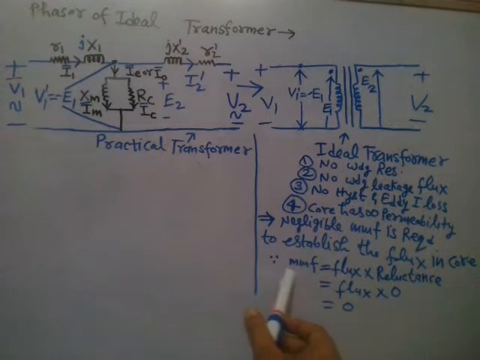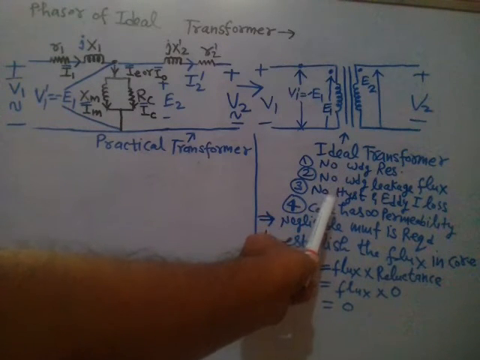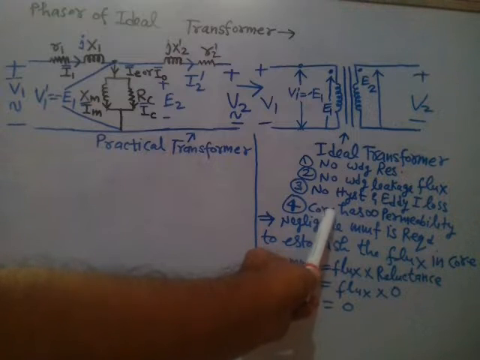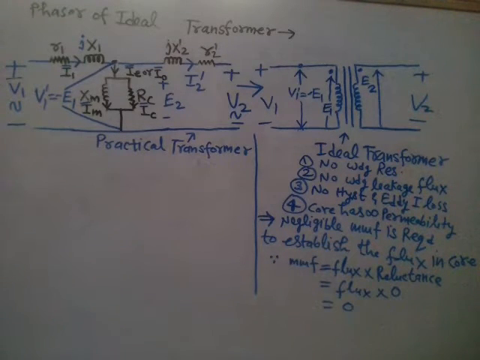That means the MMF required is zero. So an ideal transformer means no winding resistance, no winding leakage flux, no hysteresis and eddy current loss, and a core of infinite permeability.